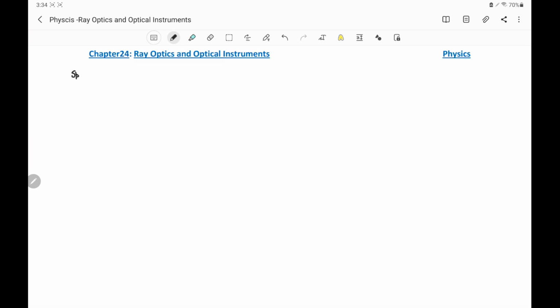Now we take a special case of normal incidence. Suppose this is the plane surface and N is the normal, and now a ray strikes the surface along the normal.